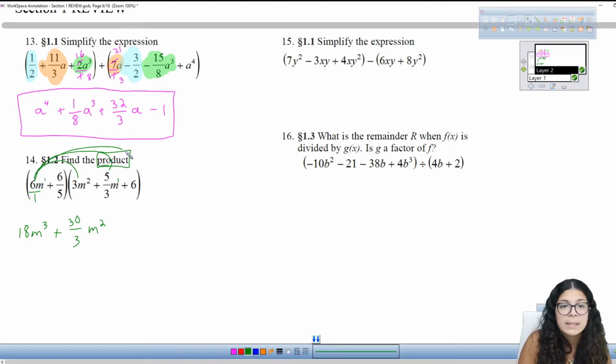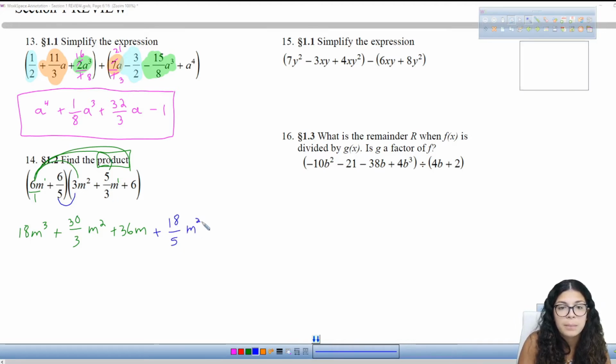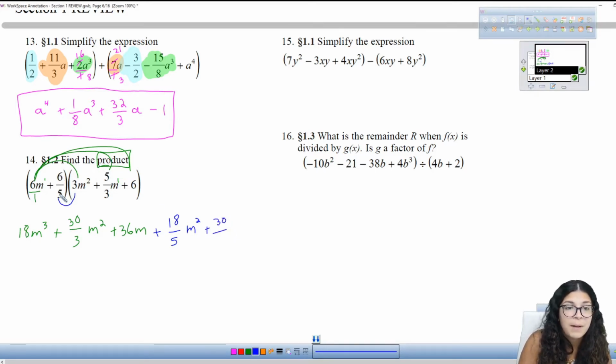Okay, 6m times 6 would be 36m, and then now we can move on to the next term. 6/5 times 3, 3 times 6 is 18, and the denominator stays, and that is m squared. Then we have 6 times 5, which is 30, and then 5 times 3, which is 15, and then no variable here, so the variable is just m.